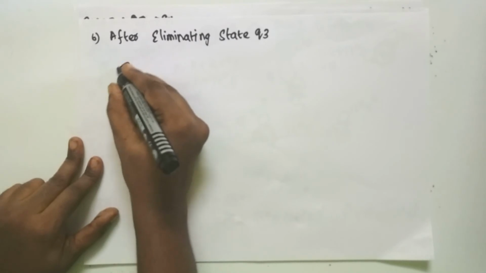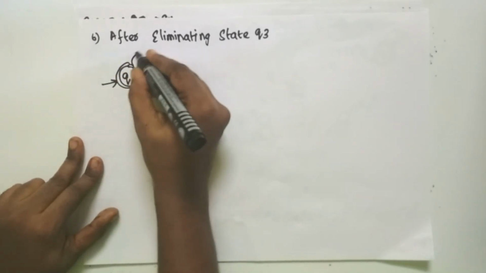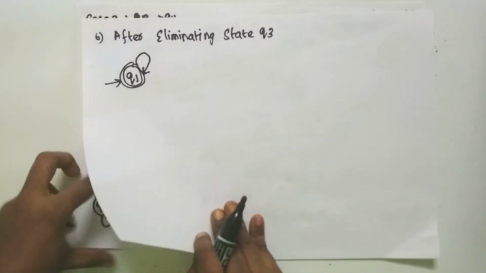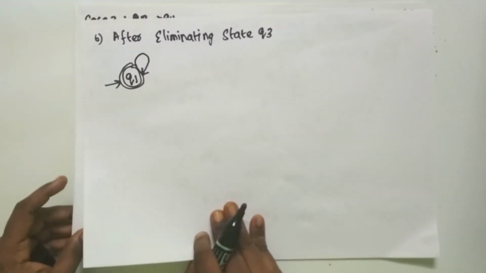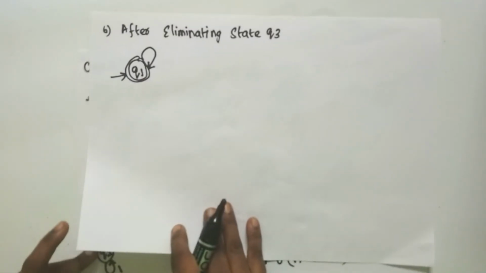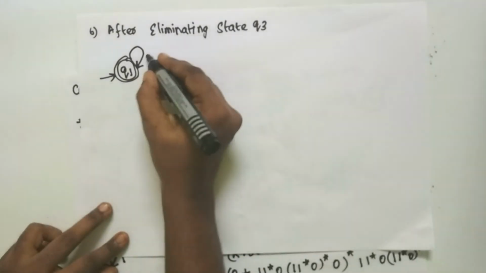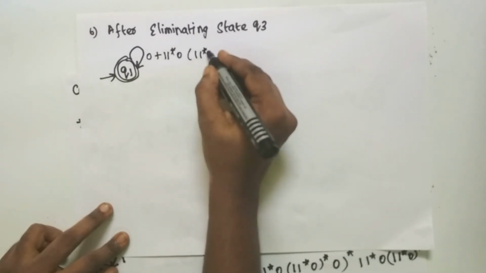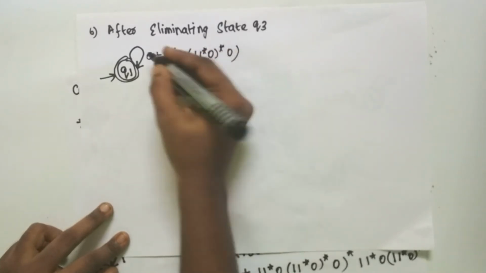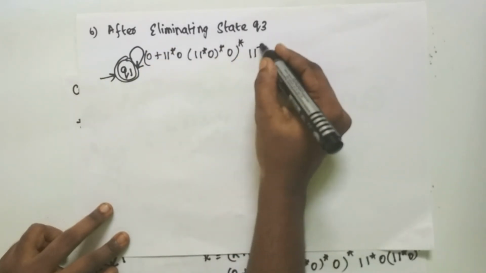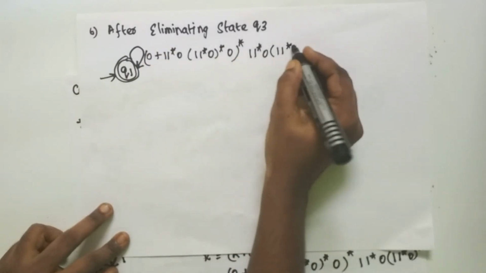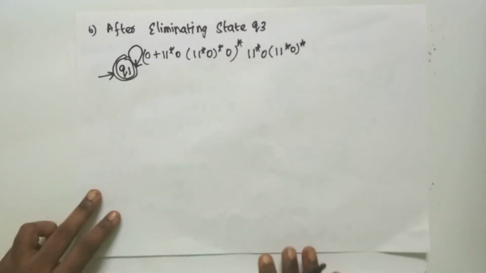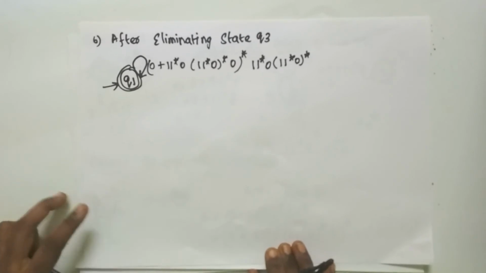Q1 is both the initial and final, and your regular expression is now R, which you have already found in the step number 5. So the value is 0 plus 1, 1 star 0, 1, 1 star 0 the whole closure, 0 the whole closure, and 1, 1 star 0 and 1, 1 star 0 the whole closure. This will be the regular expression after eliminating the state Q3.